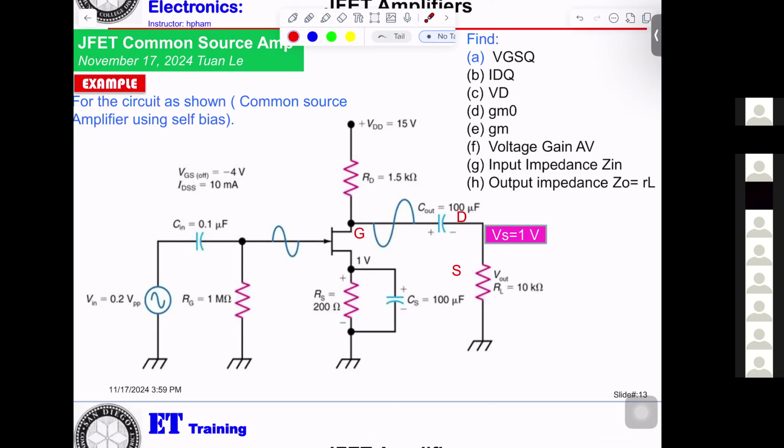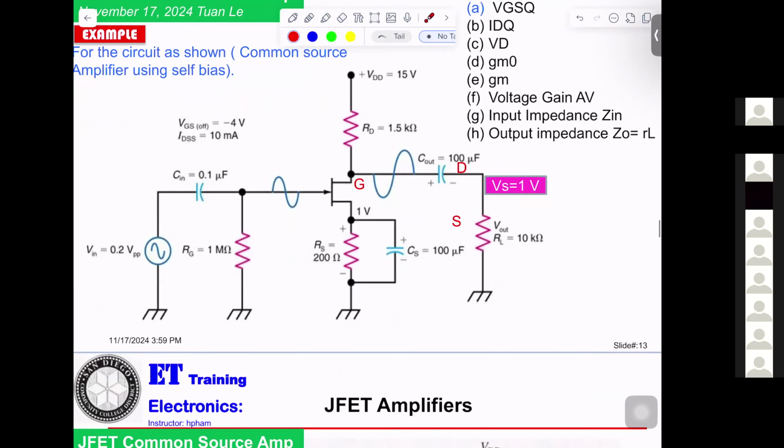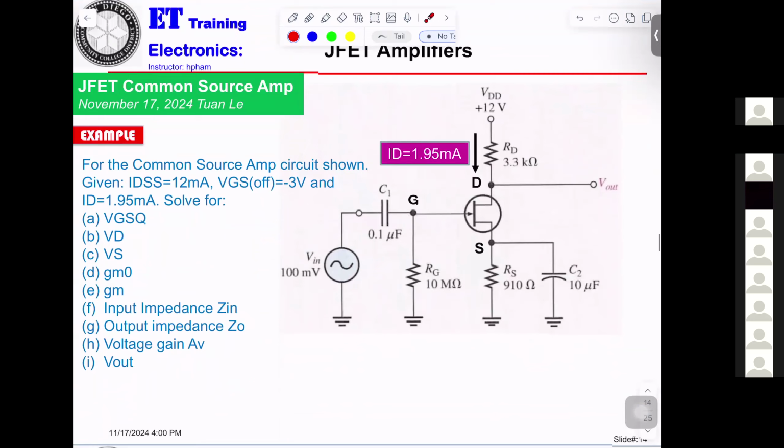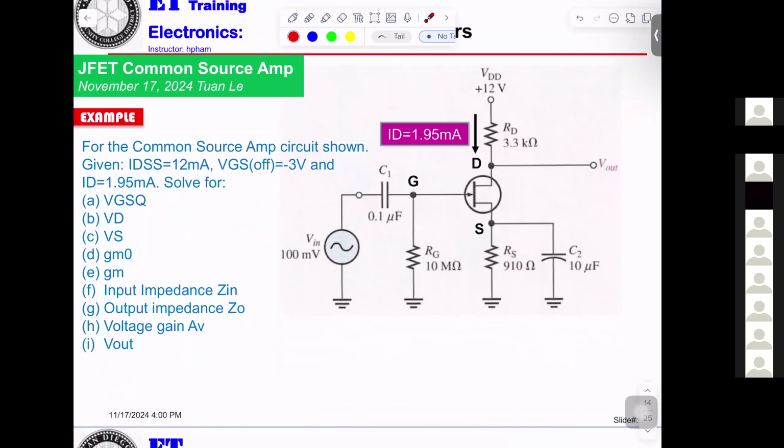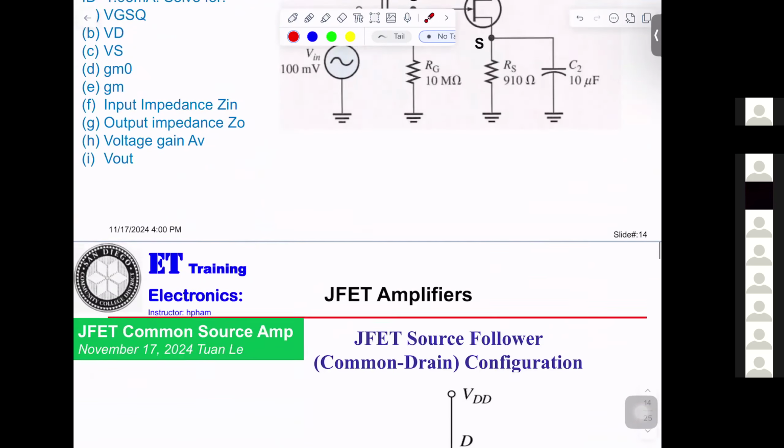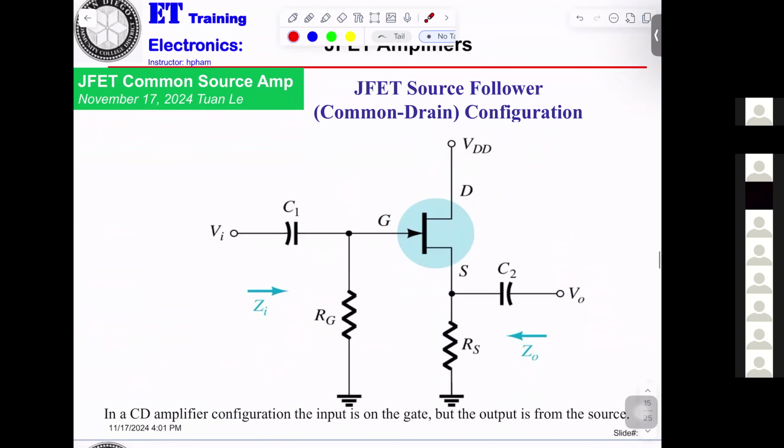Next meeting, we'll go to calculation. Same thing. Okay, next one.